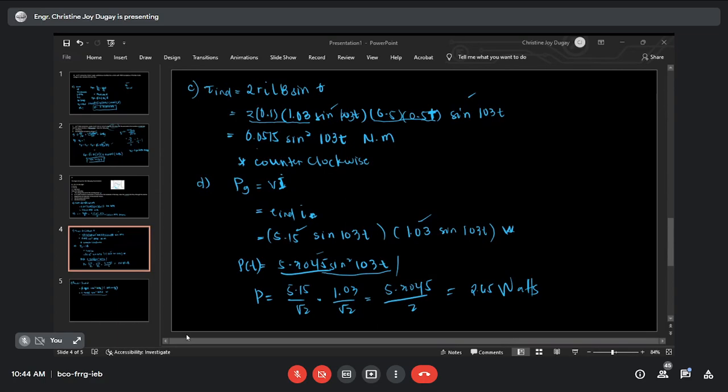Tsaka mo lang ma-appreciate ang power flow diagram pag na-discuss na natin. Pero sa ngayon, hindi nyo pa siya na-appreciate. Mga P-generated lang na mga IV, mga ganun lang pwede.